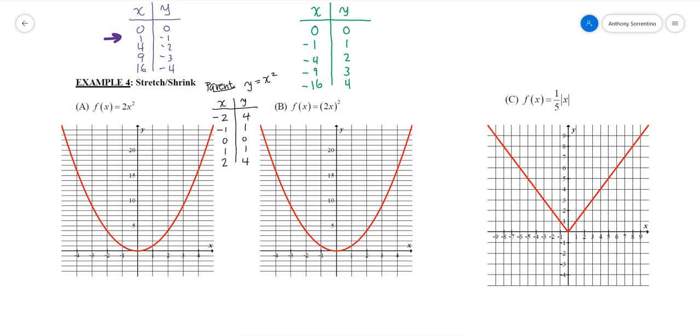This is telling me, and again I want to pick a color that's much different from the red I see there, that this is outside the parentheses, so it's affecting the y's only. And I'm going to multiply my y's by 2.